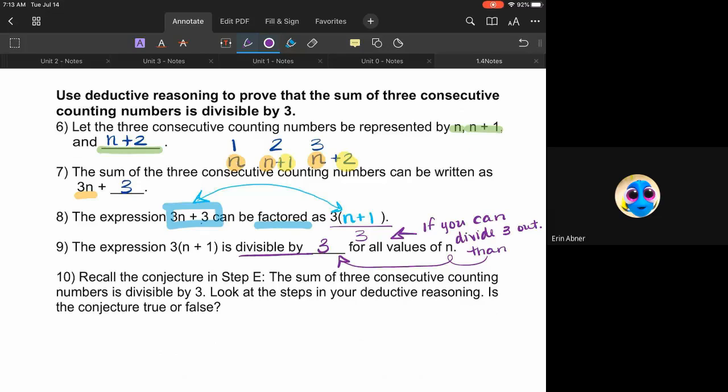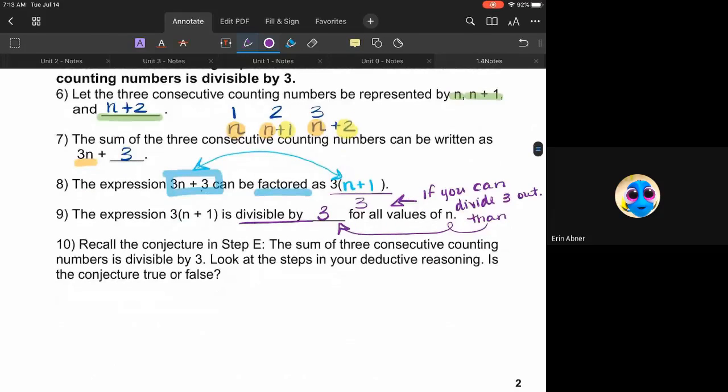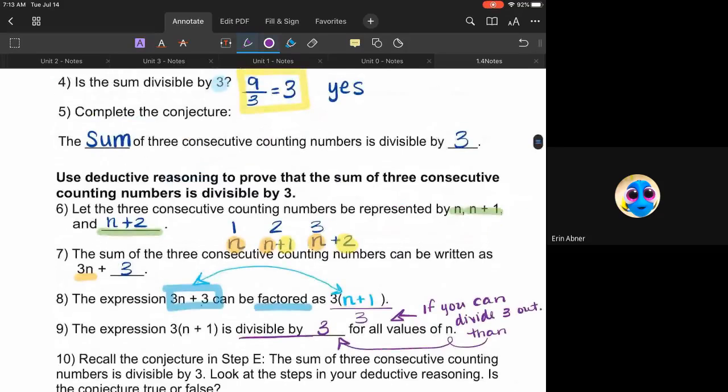Okay, so now we're going to recall. That means think about what we saw before. Recall the conjecture in step E. So step E says, was there a step E in here? Okay, it's not labeled, but we're talking about this step right here.